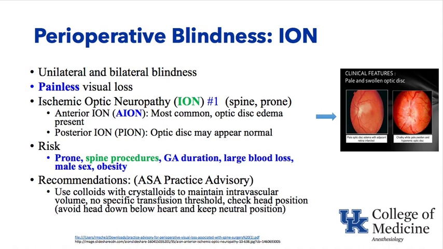And recommendations are to not only use crystalloids but also colloids to maintain intravascular volume. There's no specific transfusion threshold at which we should give blood in an attempt to reduce the incidence of ION, but we should keep the head in a neutral position and avoid head down below the level of the heart.